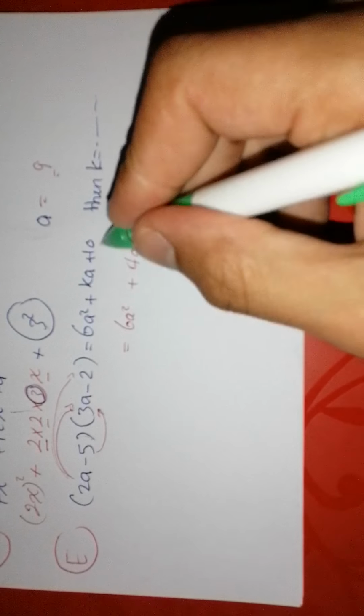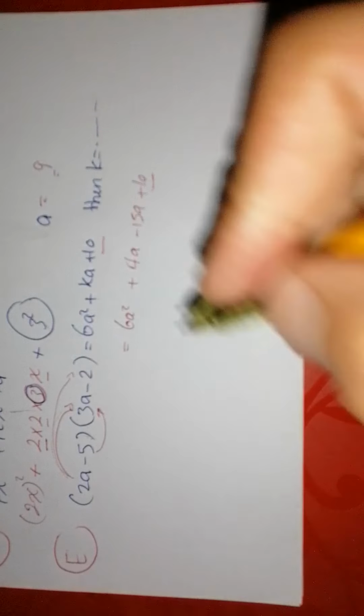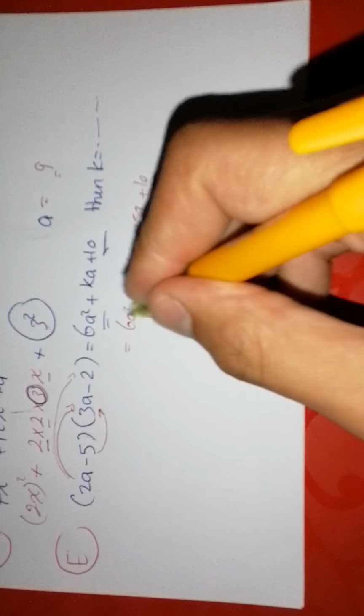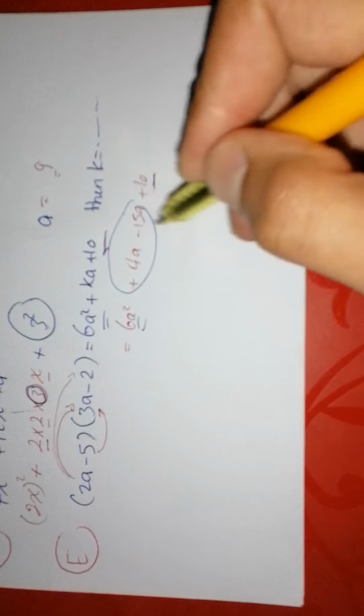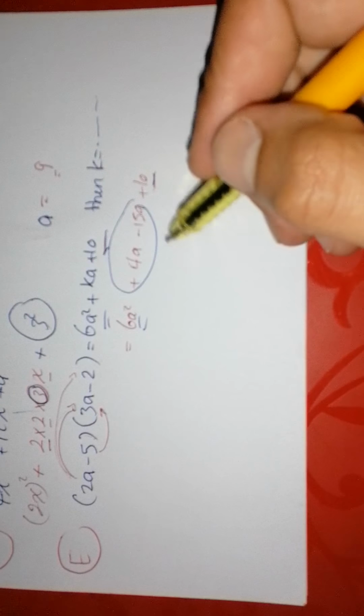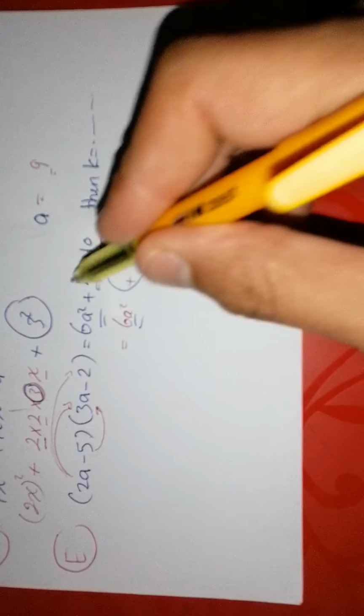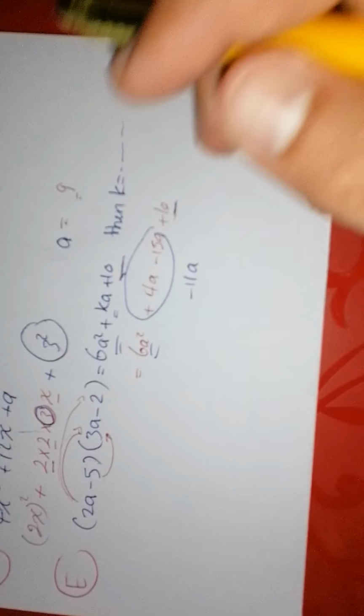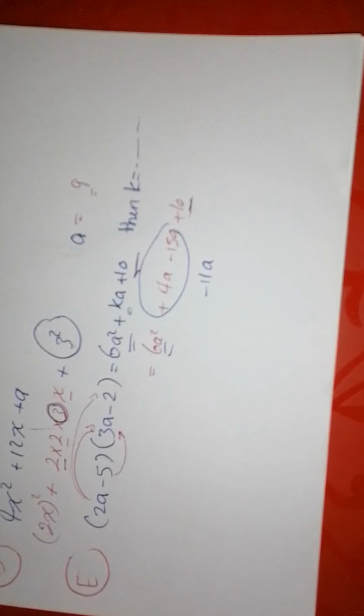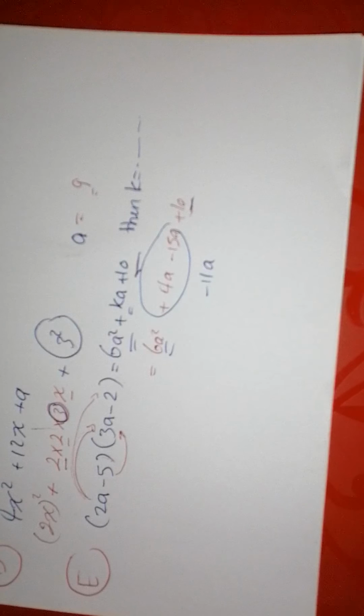So we have 6a squared and 10, and then the middle term should be 4 minus 15, which is equal to negative 11, negative 11a. So the middle term should be negative 11, and k must be negative 11, so we can choose negative 11. And that's the solution of this question, negative 11.